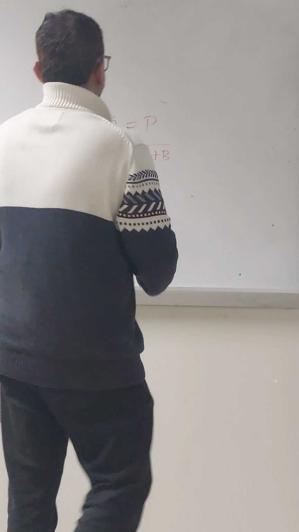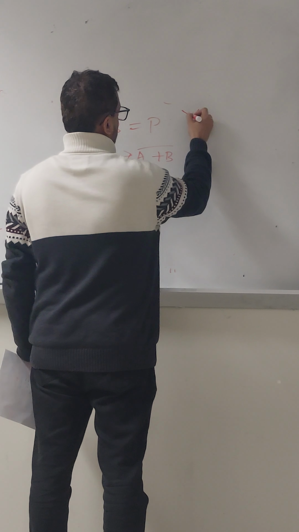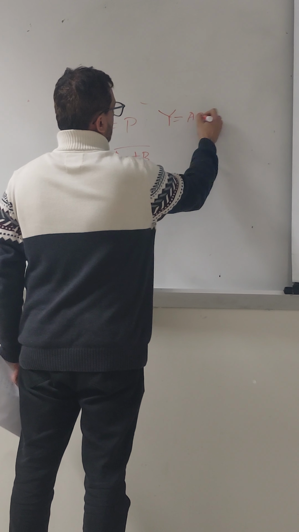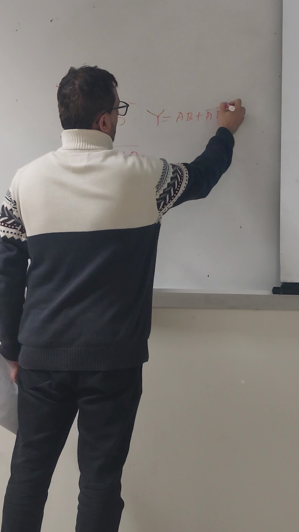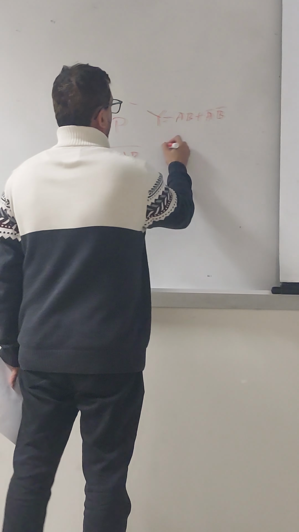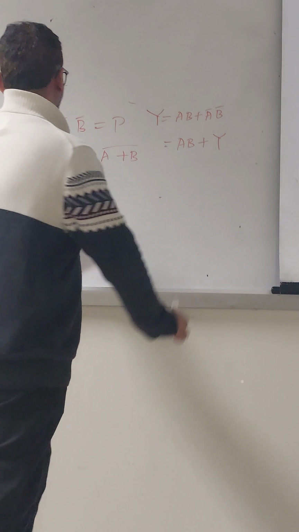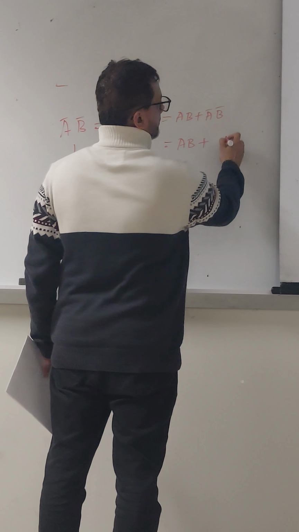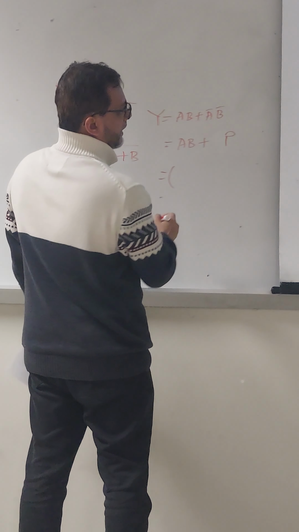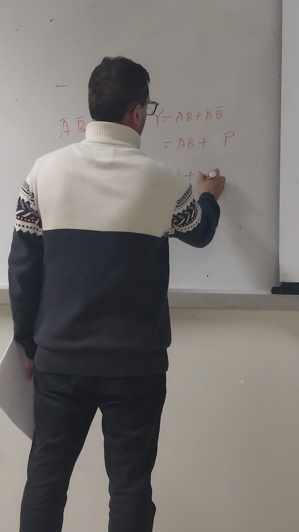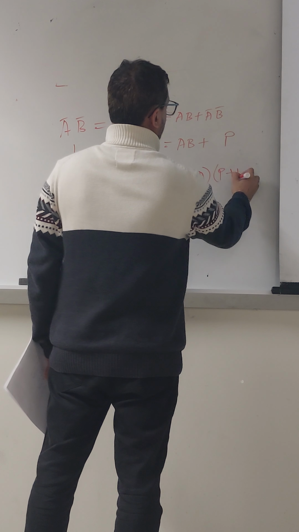We can write the output Y equals AB plus A bar B bar, right? So now we are saying it is AB plus P. So it can be written as (P plus A) into (P plus B).